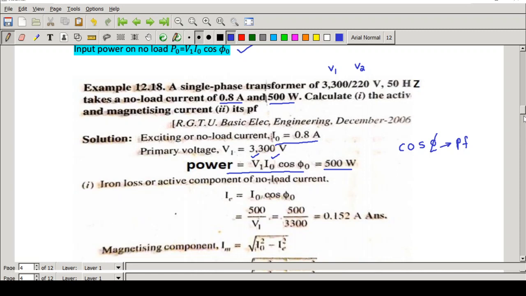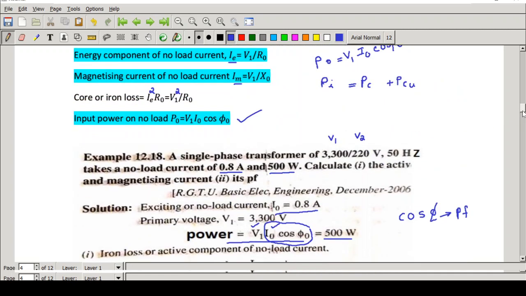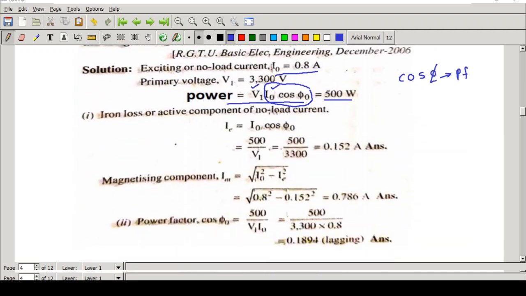You can find I0 cos phi 0 from this expression. What is I0 cos phi 0? That will be equal to 500 by V1. V1 is given. What is V1? 3300. So you will get it as 500 by 3300, that is equal to 0.152 amperes.